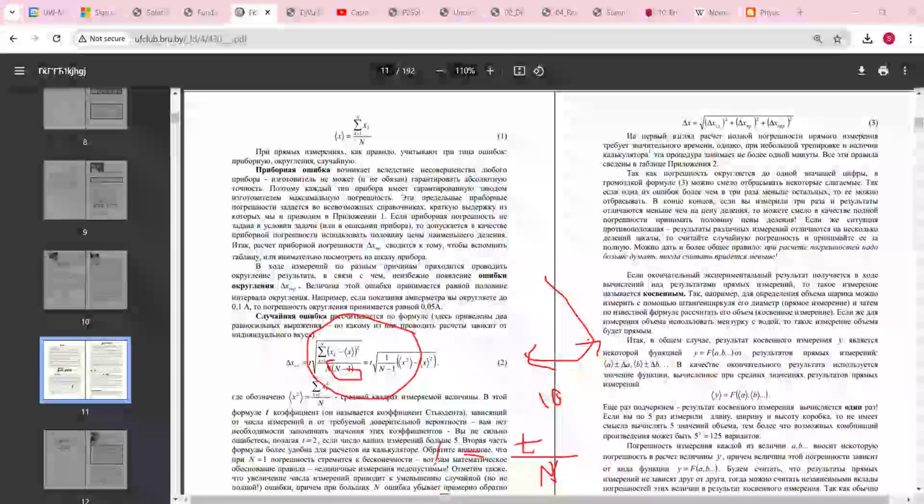So your delta depends on the square root of n.